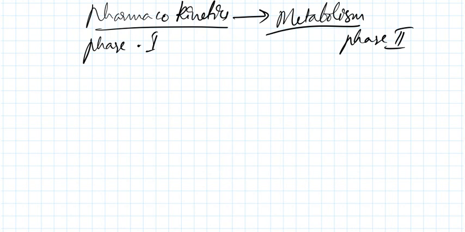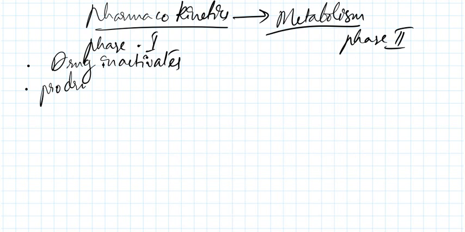Now what happens in phase 1 is drug inactivation. The body simply inactivates the drug, makes the drug inactive. And there is one exception for this, the prodrug. Why? Because in case of a prodrug, it gets converted to an active drug rather than an inactive drug. Can you tell me one example for a prodrug? Can anyone?